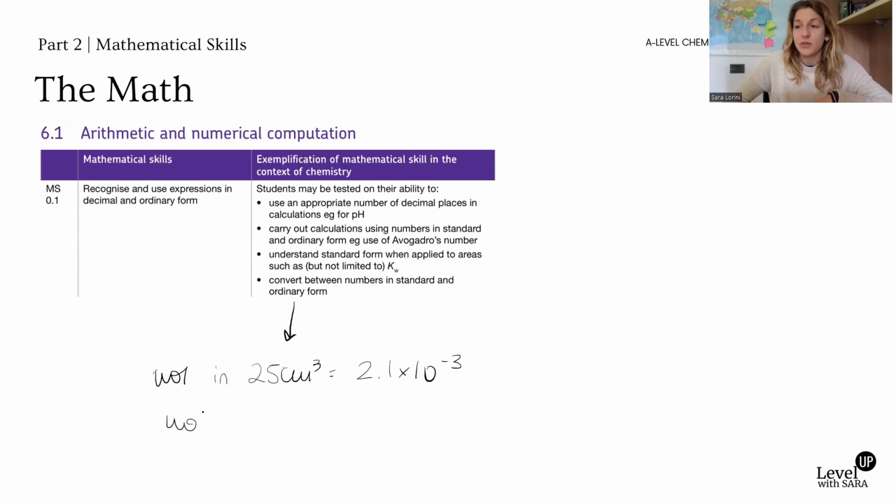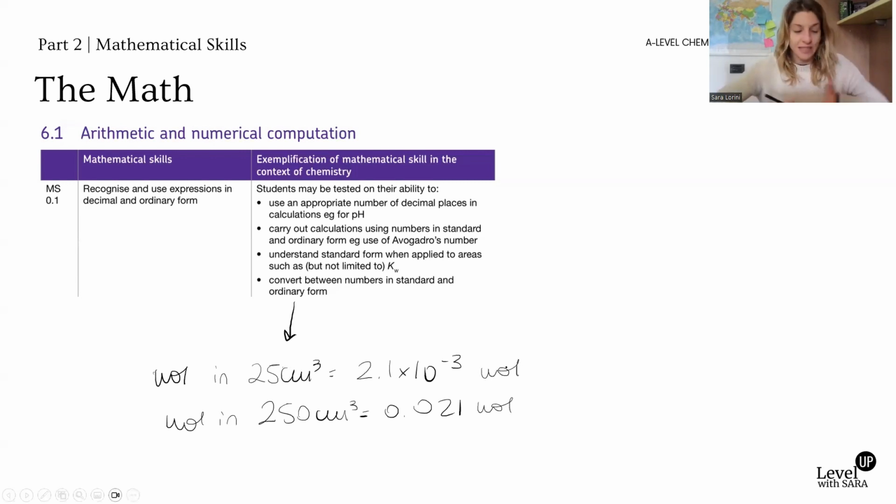But then you need to convert it into 250 centimeters cubed. So this is common for titration calculations. And instead we write it as 0.021 moles. Okay, so of course, this is what the calculation may give you, and that's okay.